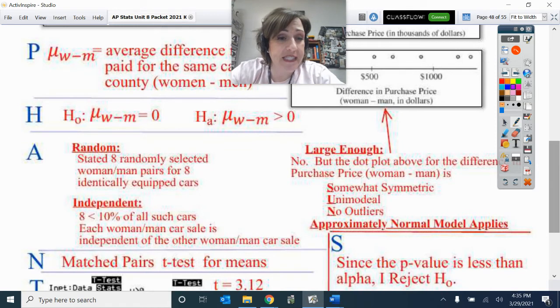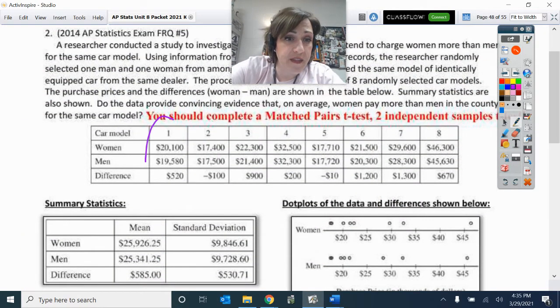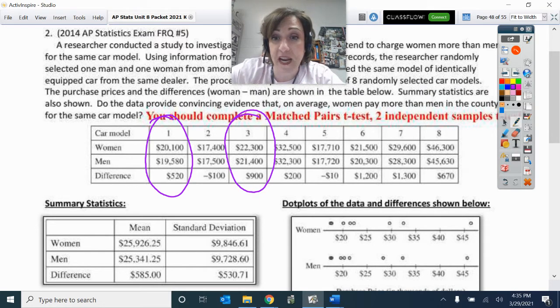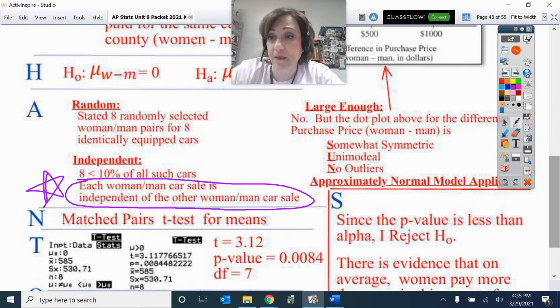It was stated 8 randomly selected women-men pairs for 8 identically equipped cars. So our independent 8 was less than 10% of all such cars. And don't forget this, each woman-man car sale is independent of the others. That tells me this has no effect on this matched pair and has no effect on that matched pair and so on. So they are independent of each other.